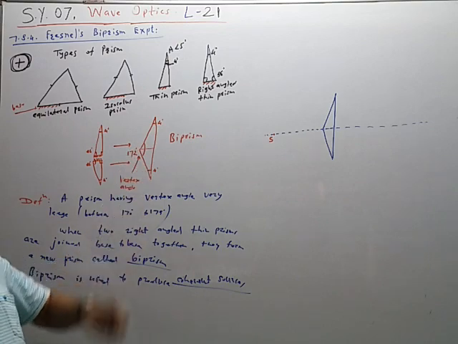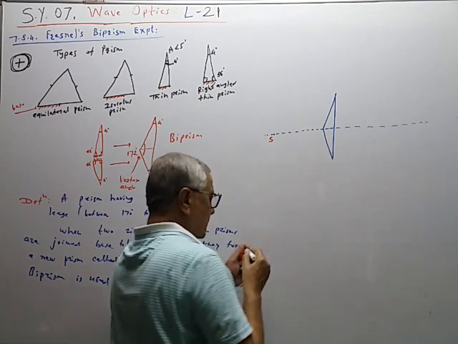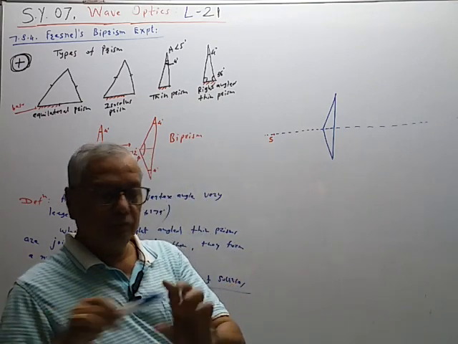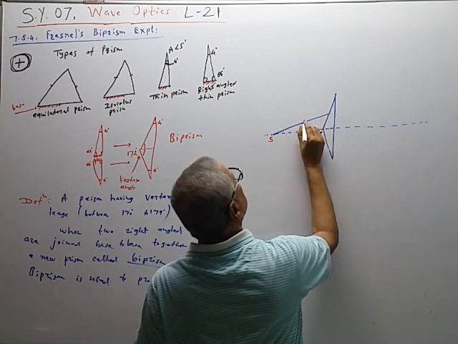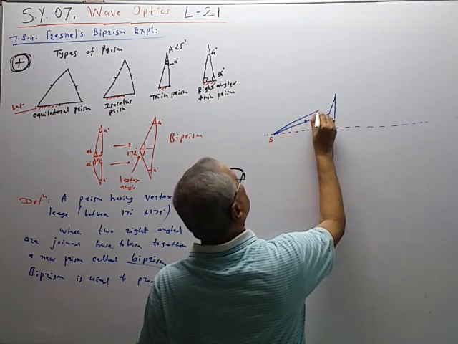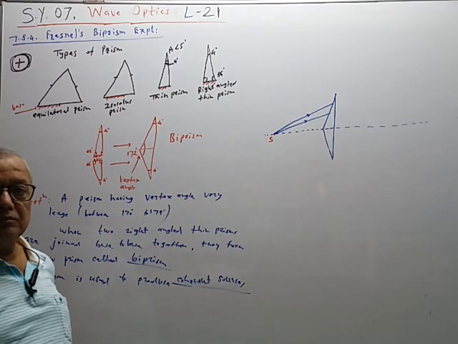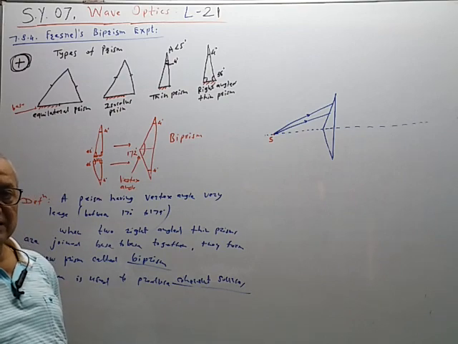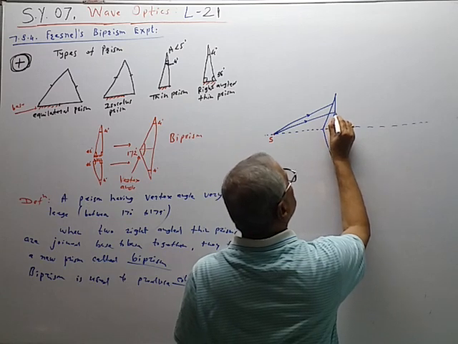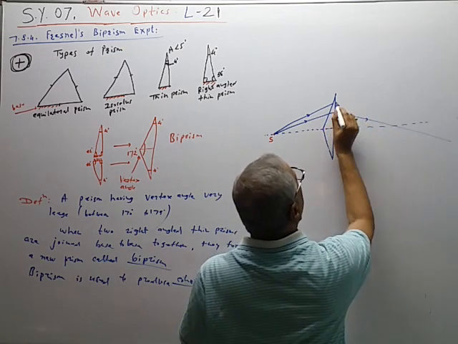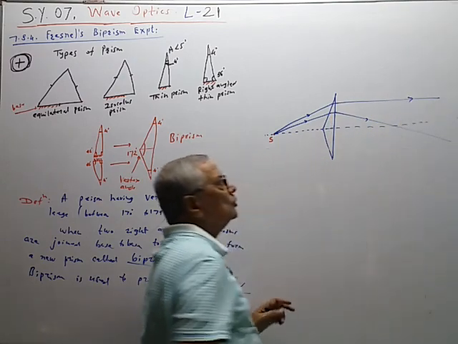From this source, we draw two incident rays, one in one direction, another in the other direction. We know the theory of prism: through a prism, deviation as well as dispersion takes place. So the first ray is passing in this direction, and the second ray is passing in that direction.